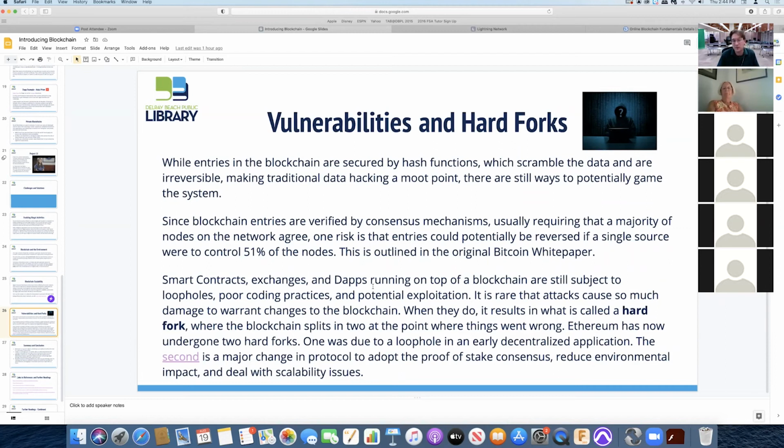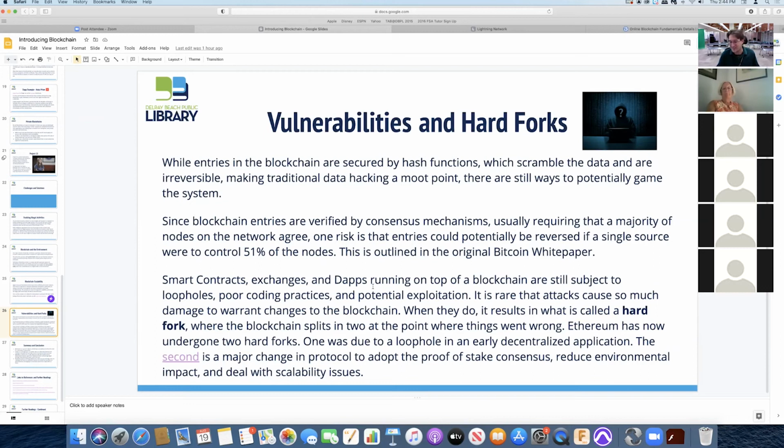Since blockchain entries are verified by consensus mechanisms, usually requiring that a majority of nodes on the network agree, one potential risk is that entries could be reversed or duplicated if a single source were to control 51% of the nodes. Now, that kind of defeats the whole idea behind blockchain.